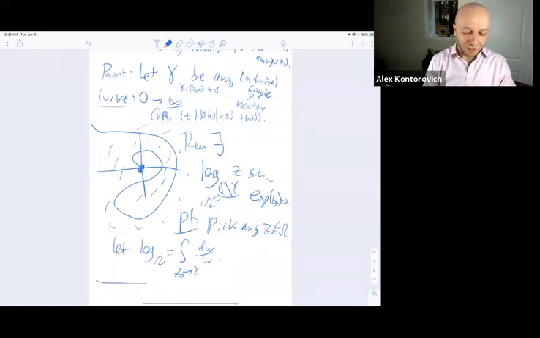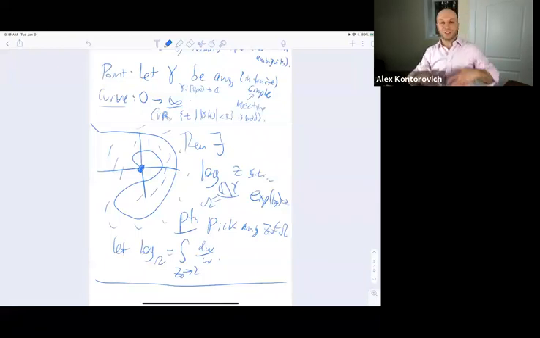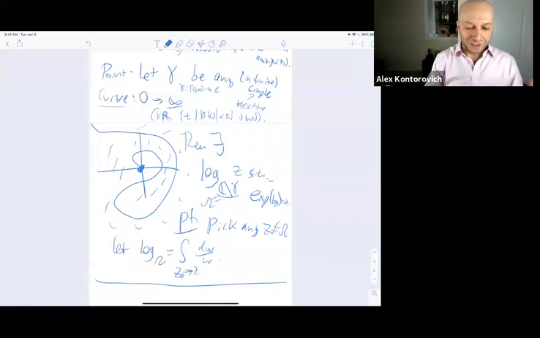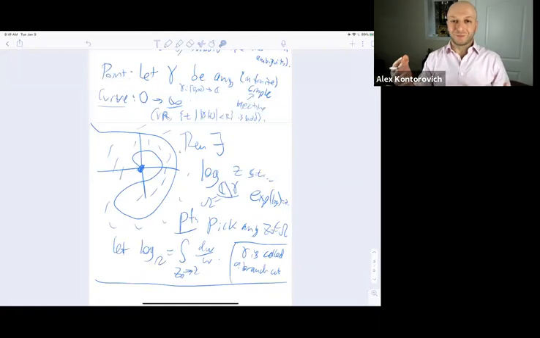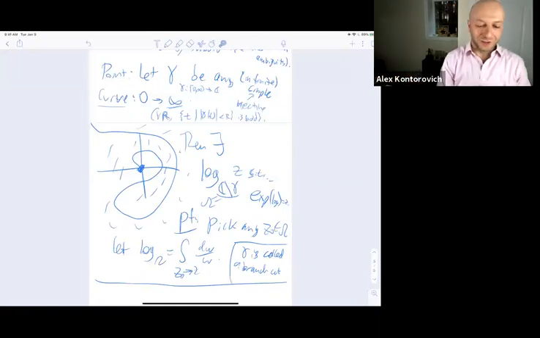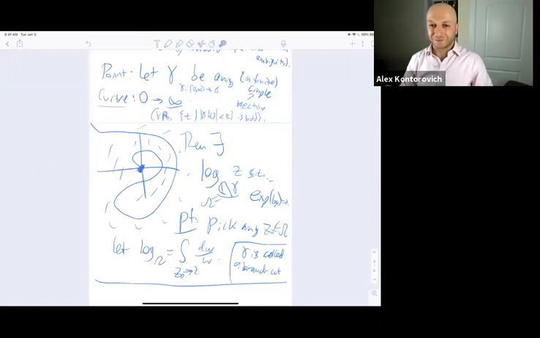I just want to say something a little bit more general, which is that this curve is what's called a branch cut. So gamma is called a branch cut. And of course, the principal branch cut is the one that just starts at 0 and goes right out to minus infinity. That's what that standard curve is.